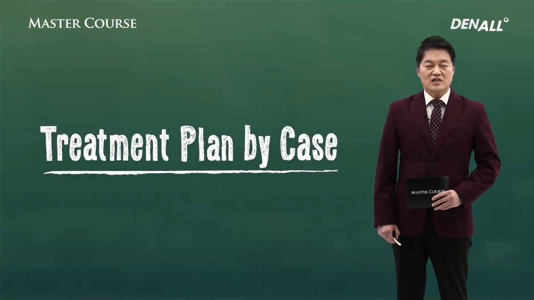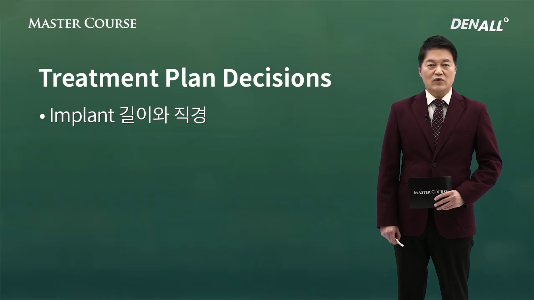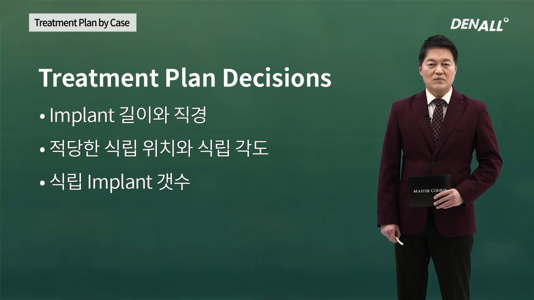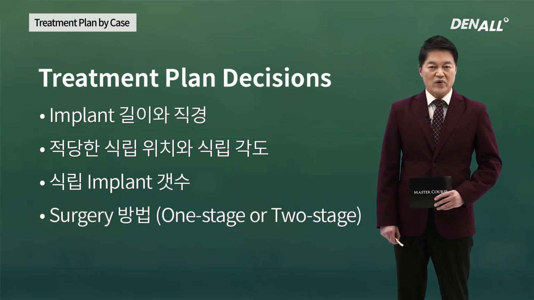Before we place an implant, in the treatment planning process, let's look at the factors that we need to count in. Length and diameter of implant, appropriate placement, position, and angle. And if you're placing multiple implants, how many implants are you going to place? Are you going to do one-stage or two-stage surgery?